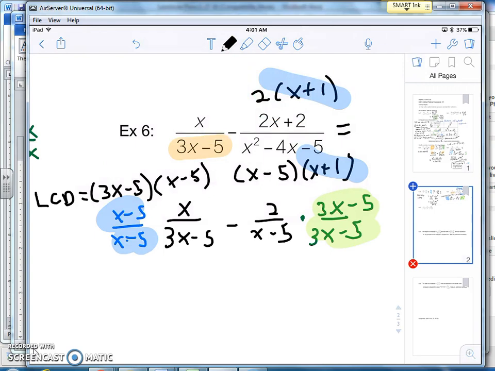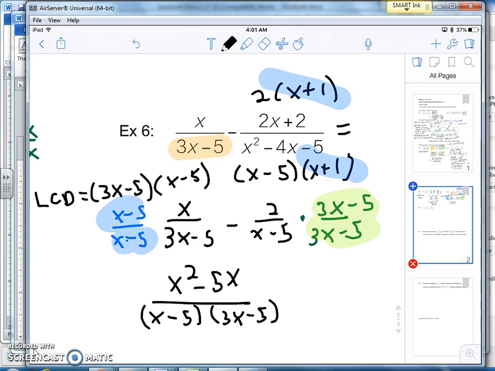When I distribute, I get x squared minus 5x all over x minus 5 times 3x minus 5, minus, distributing that 2 gives me 6x minus 10 all over x minus 5 times 3x minus 5. I think I'm going to run out of room.